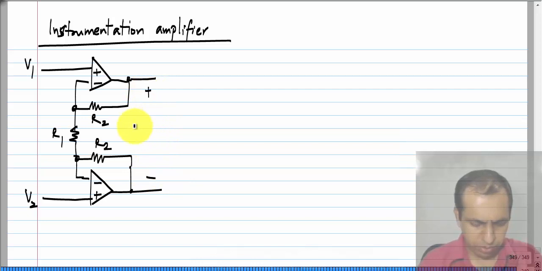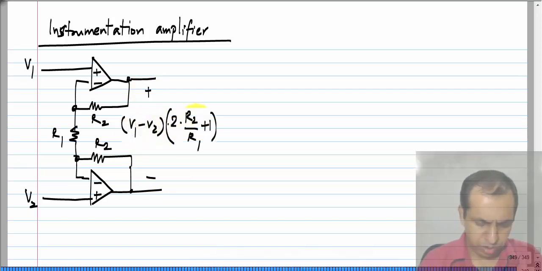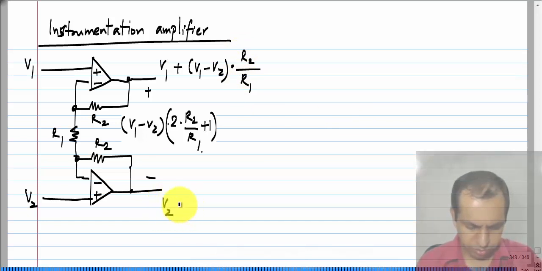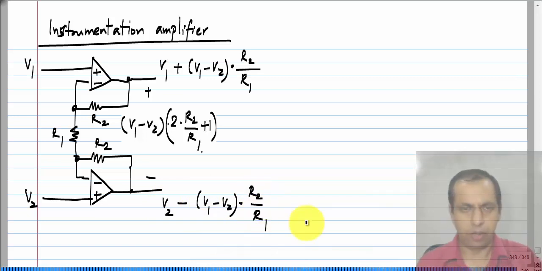The difference output is V1 minus V2 times 2 times R2 by R1, and more importantly the individual outputs are V1 plus V1 minus V2 times R2 by R1, and the other one is V2 minus V1 minus V2 times R2 by R1.